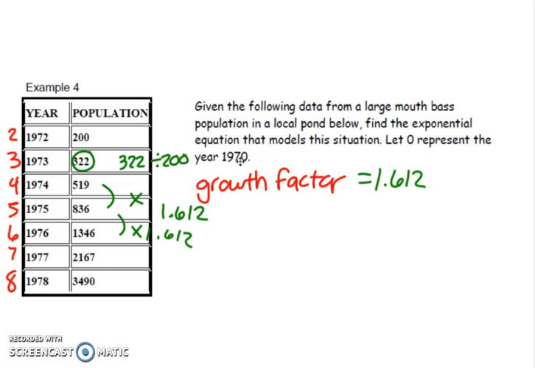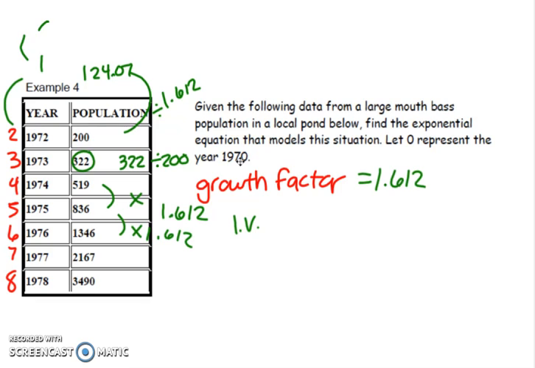Okay, so now I need to find my initial value. To do that, I'm going to have to go back twice. So again, if I go back once, I'm at when x equals 1. So I need to go back here. So I'm going to do 200 divided by my growth factor, which is 1.612, and you're going to get 124.07, and I have to do it again.